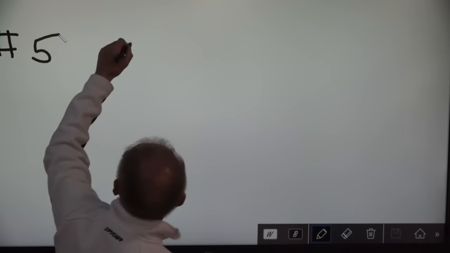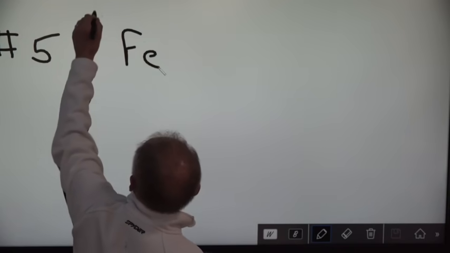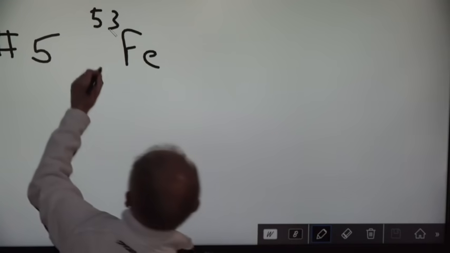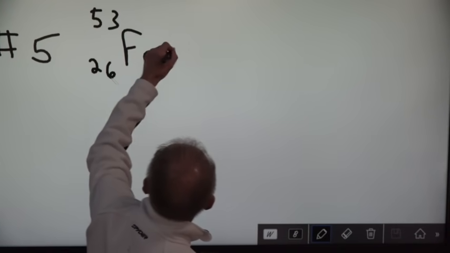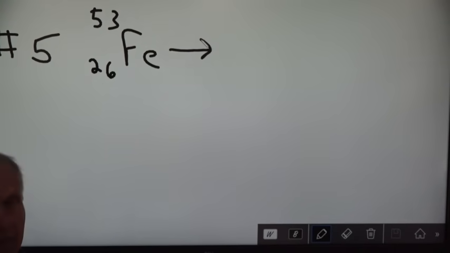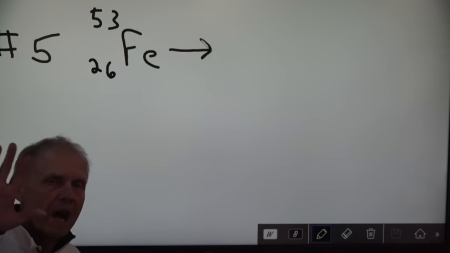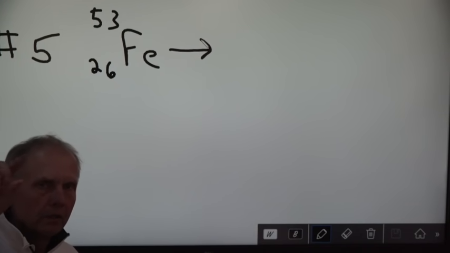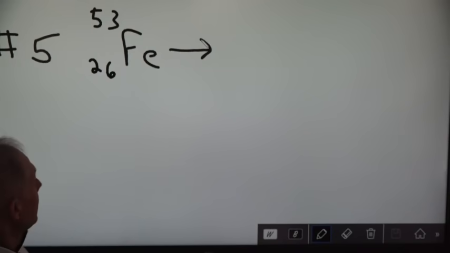And that's going to be iron, 53. And iron, I think it's 26. So all you have to do, and there's only 1 there, so now we have 5 for homework. 2 alpha decays, 2 beta decays, and 1 positron emission.